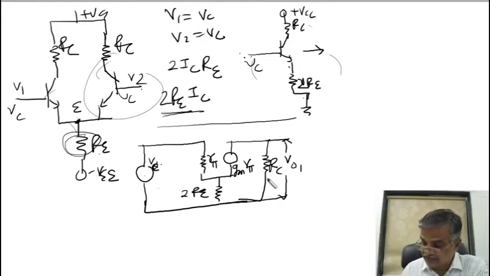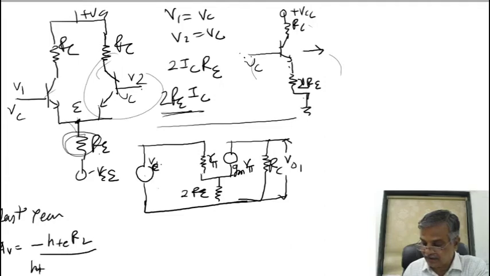So for this circuit I can write the equation of gain. You already know that equation, you studied it last year. The equation of gain is minus HFE into RL upon HI plus 1 plus HFE into RE.